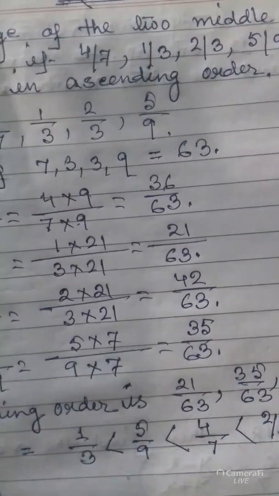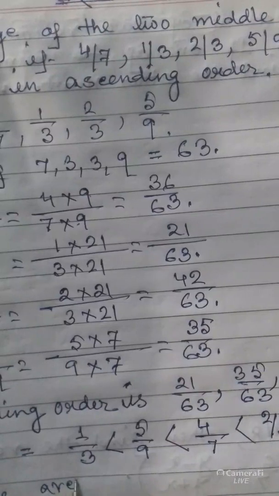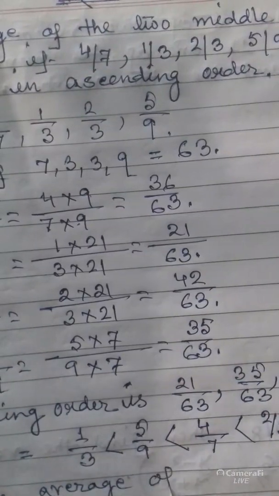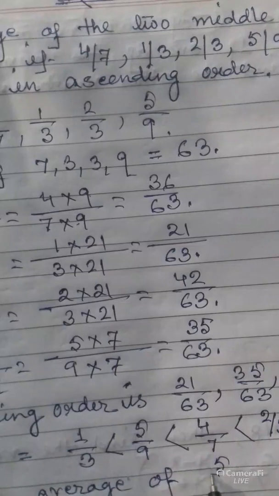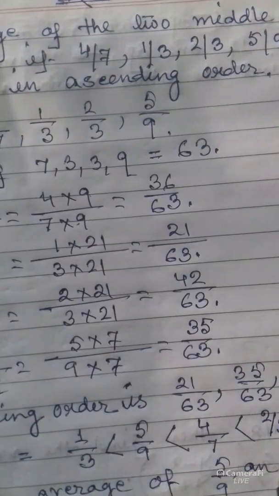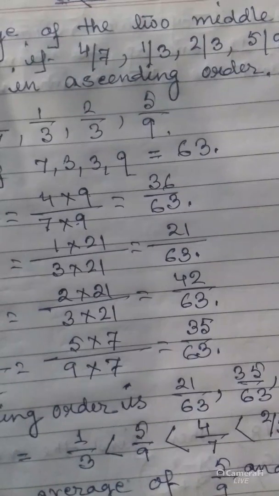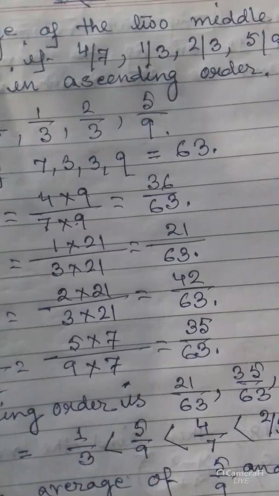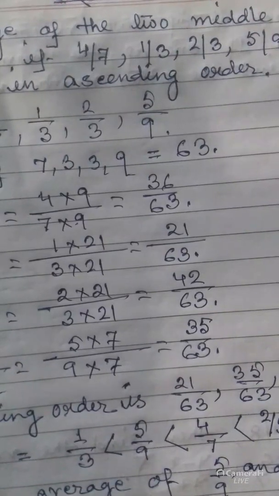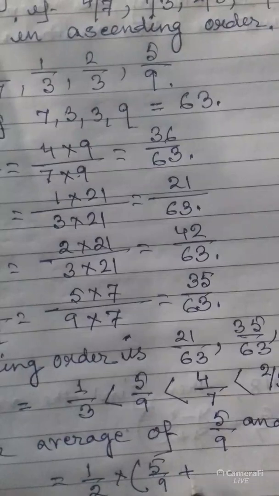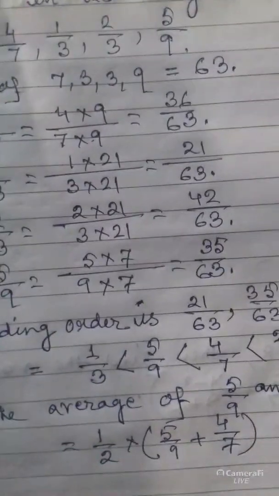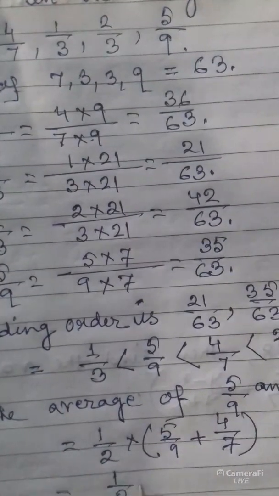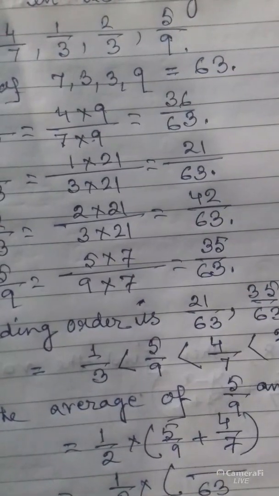Now the average of the two middle rational numbers, 5/9 and 4/7, is half into 5/9 plus 4/7. Again the LCM of 7 and 9 is 63.